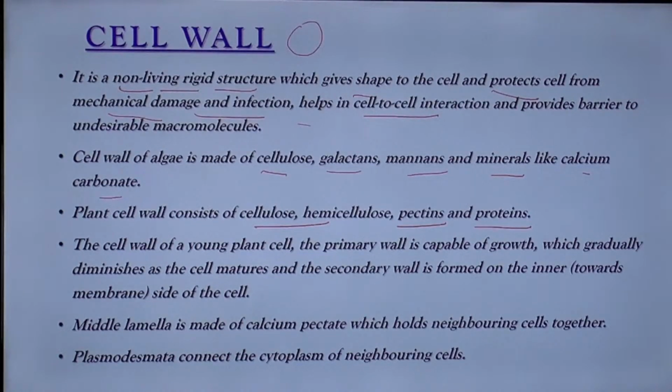And one more thing, in the cell wall of a young plant cell the primary wall is capable of growing, which gradually diminishes as the cell matures, and the secondary wall is formed on the inner side of the cell. So here this is the cell wall.